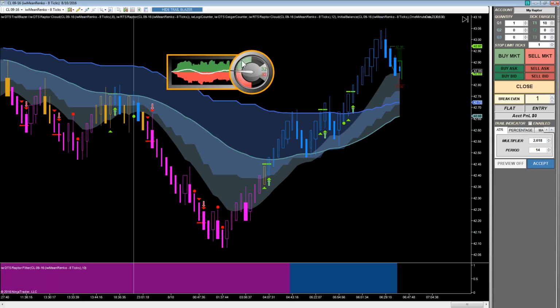Then you have this nifty dial around here. This dial is quite helpful because if you see the dial pull hard to one side and hold, then that shows you the buyers or the sellers trying to chew through those orders. But at the moment, it's fairly neutral. You see the sellers are trying, the buyers bring it back a little bit.